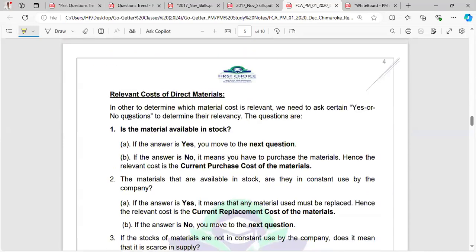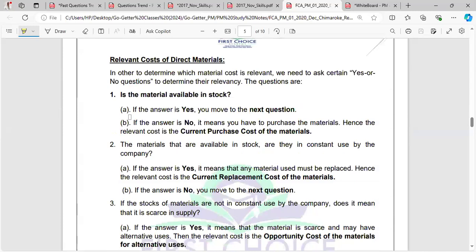Now, when we are looking at relevant cost of direct material, we shall be asking ourselves three questions. These questions are yes or no questions. So the first question is, is the material available in stock?